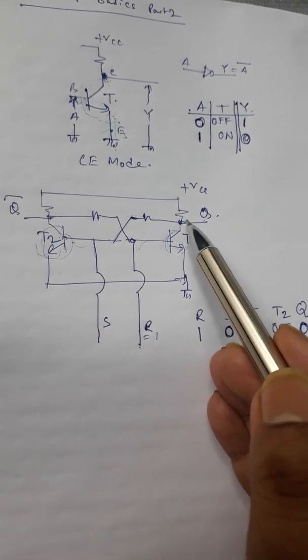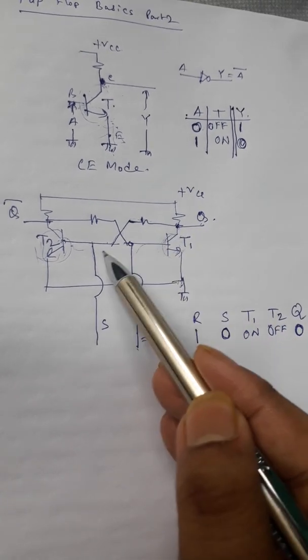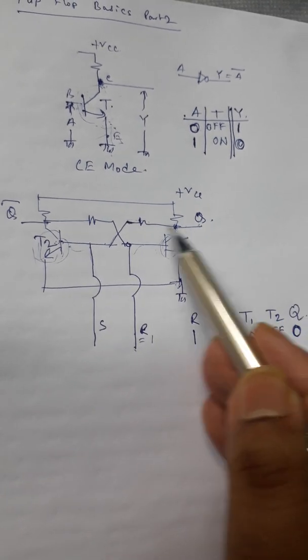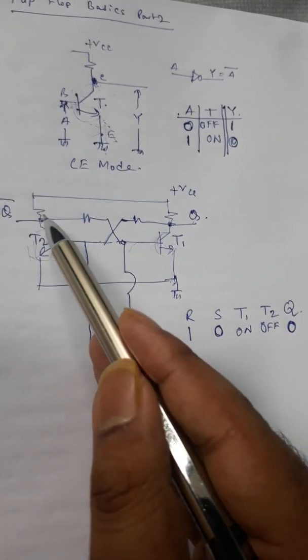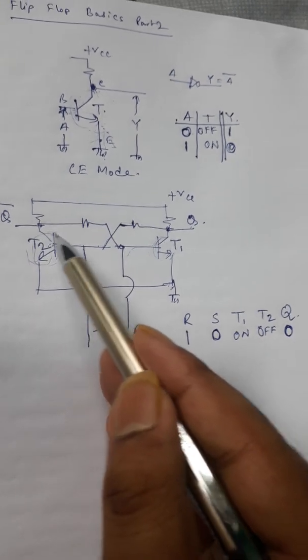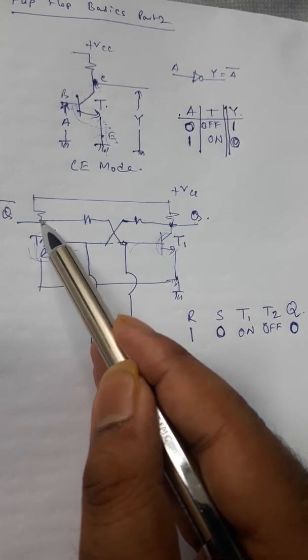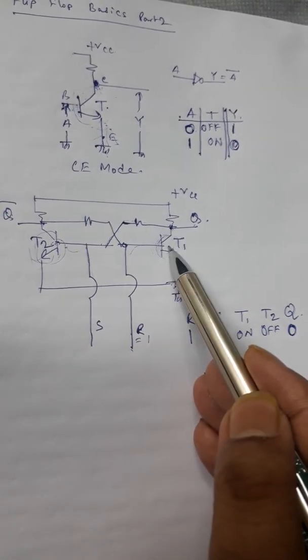Now see, this Q which is 0 right now is giving input to this. So this 0 is acting as input to T2. This transistor is in off state, and as it is off, this point potential is high, and this high potential is giving input to this transistor.